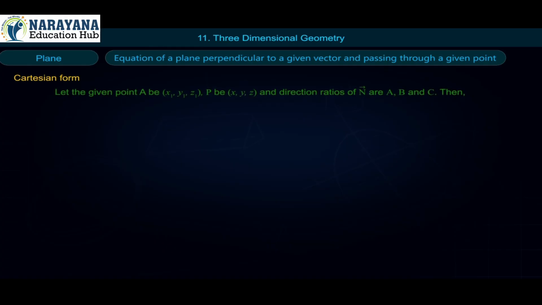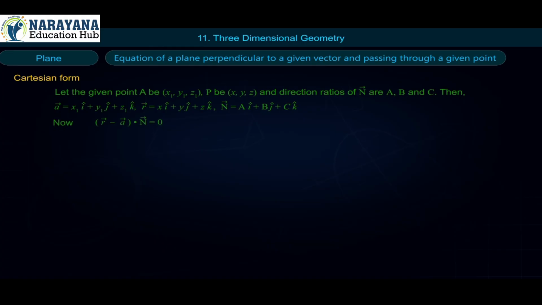Cartesian form. Let the given point A be (x1, y1, z1), P be (x, y, z), and the direction ratios of vector n be a, b and c. Then vector a = x1 i + y1 j + z1 k, vector r = x i + y j + z k, vector n = a i + b j + c k.